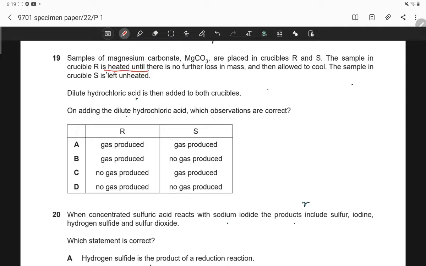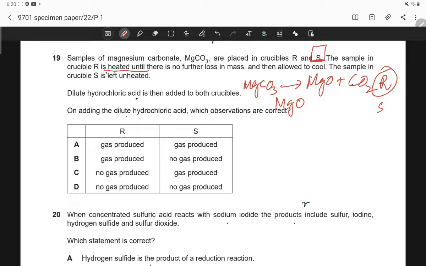Magnesium carbonate is placed in crucibles R and S. R is heated. Magnesium carbonate decomposes on heating to form magnesium oxide and carbon dioxide. This is R. And S is unchanged because no heating is provided to S. This is magnesium carbonate without heating.